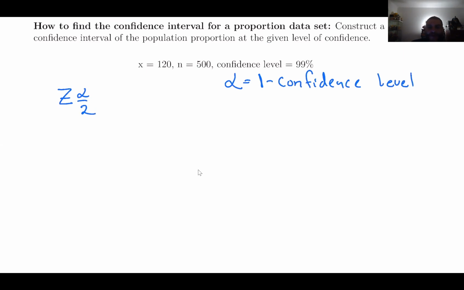For this problem, what is the confidence level equal to? Good. You even put it in percent form. So we do 1 minus 0.99. What's 1 minus 0.99?